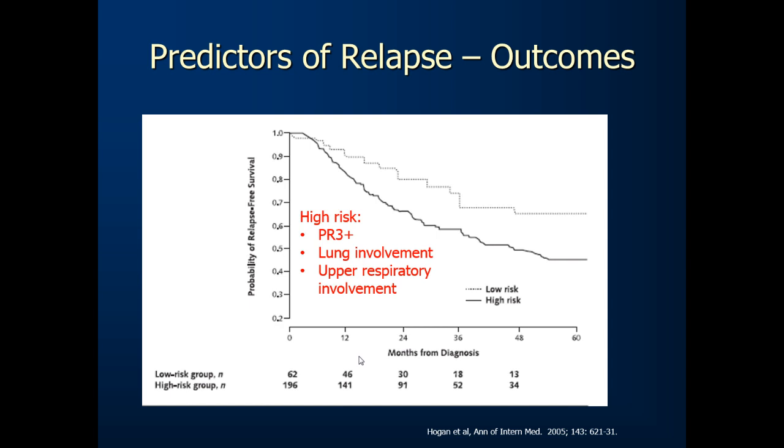The patients who were at higher risk of having relapse, so in this graph, probability of relapse-free survival. Higher up on the percentage means that you had a lower likelihood of relapse. So the patients who were at higher risk of having relapse were those patients who were proteinase 3 positive, had lung involvement or sinus or upper respiratory involvement.